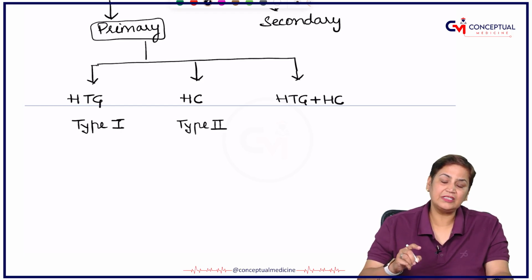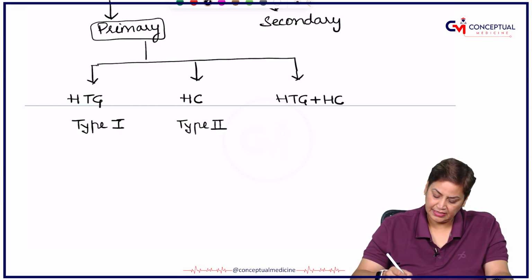And when there is an increase in both, it is type 3.